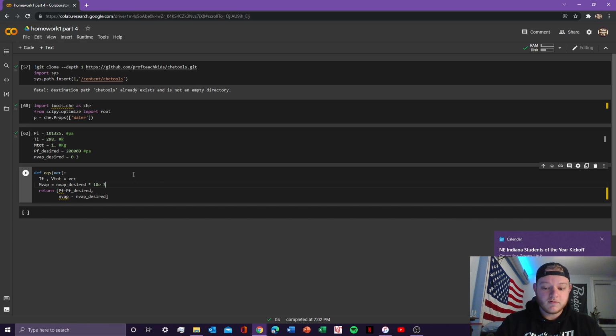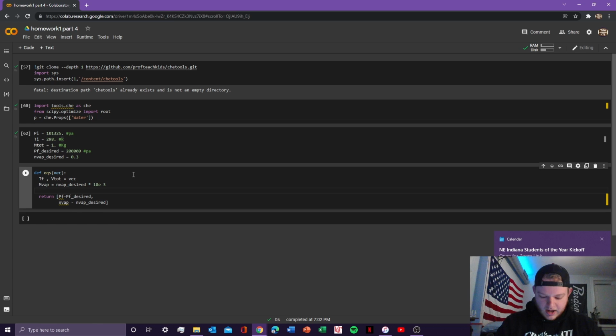So there we go, we defined one already. Now let's look for a function that had mvap in it. We already have mass.